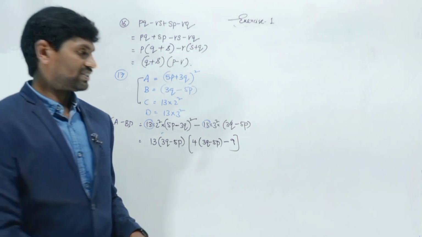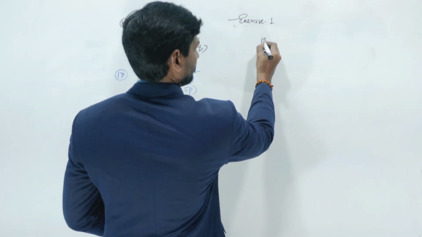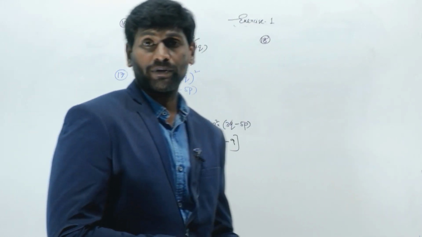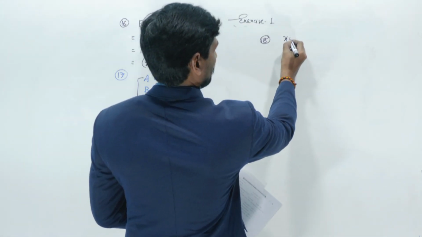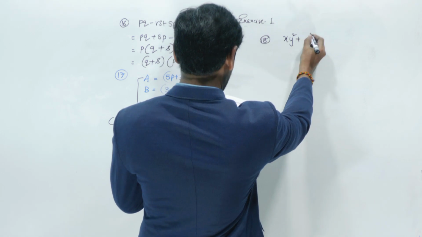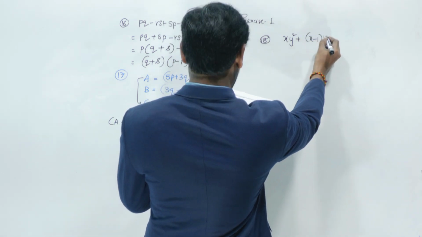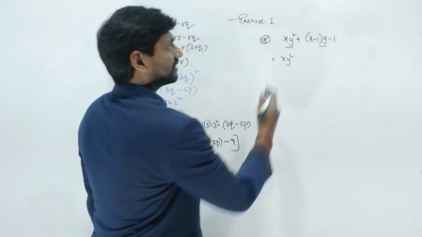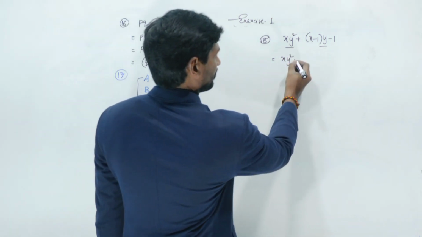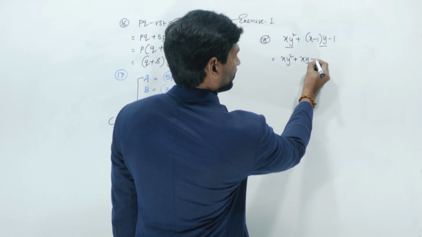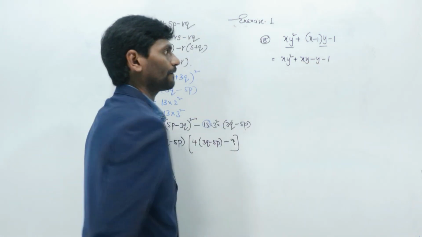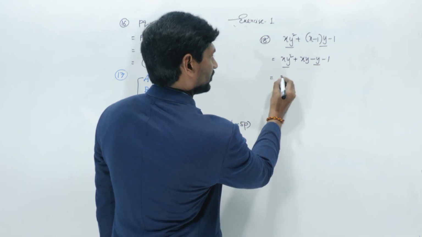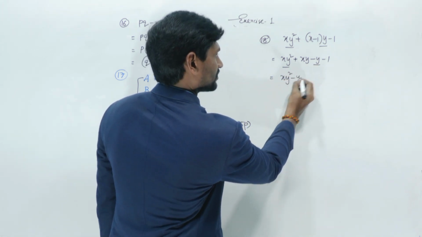So there is a small mistake in that question, we can change. Question number 18, xy square plus x minus 1 into y minus 1. So this one xy square we can write. Now y into x minus 1 we can write as xy minus y minus 1. Okay, now first term, third term write together xy square minus y.